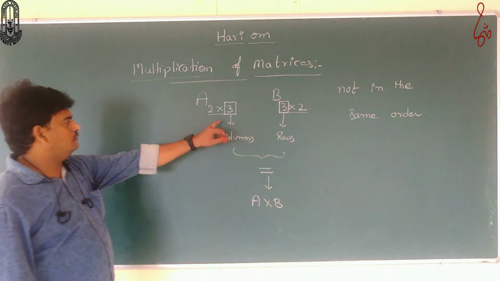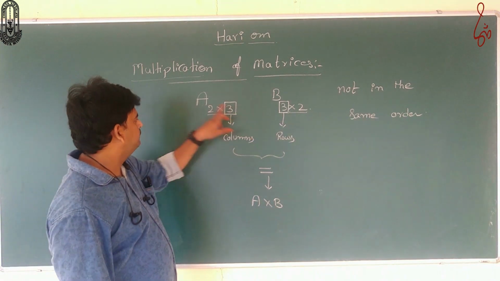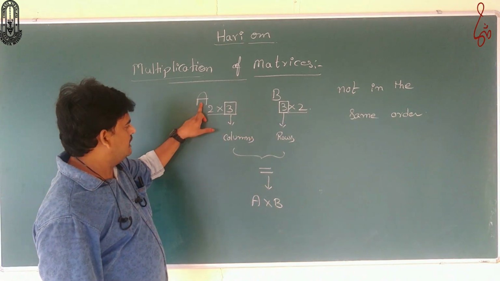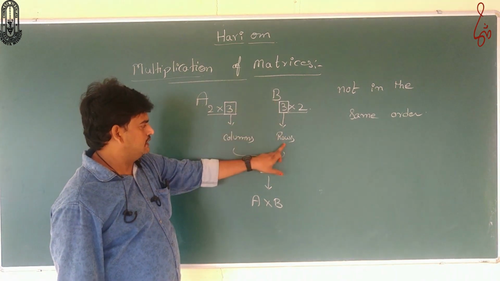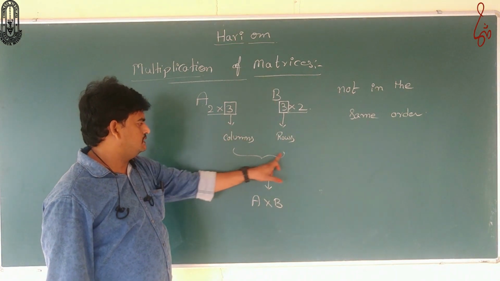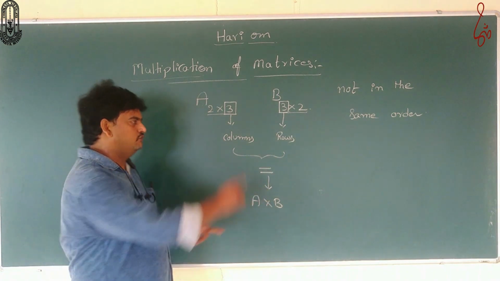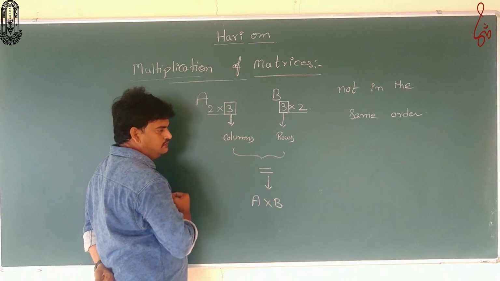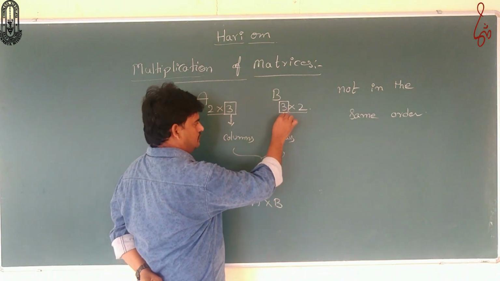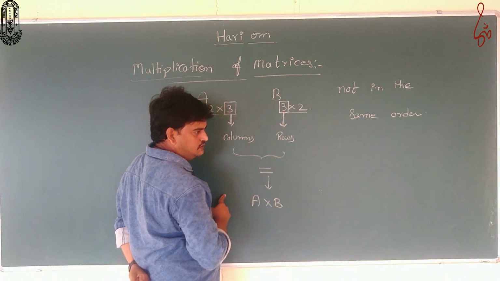So the condition we need to remember here is, the first matrix's number of columns and the second matrix's number of rows must be same. In matrix A, I have 3 columns. In matrix B, I am having 3 rows.